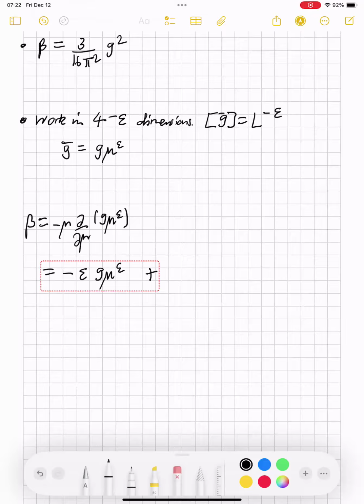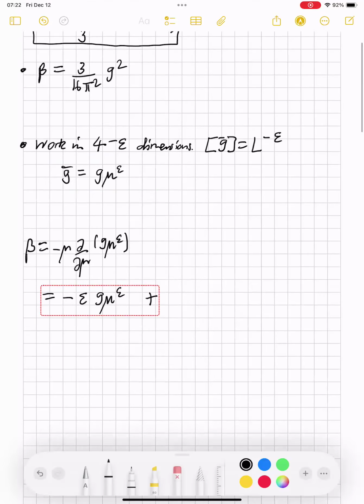And then there was a second term, and that second term came when the mu d by d mu acted on g, and for that we used the value of the beta function. So we had 3 over 16 pi squared g squared mu to the epsilon.